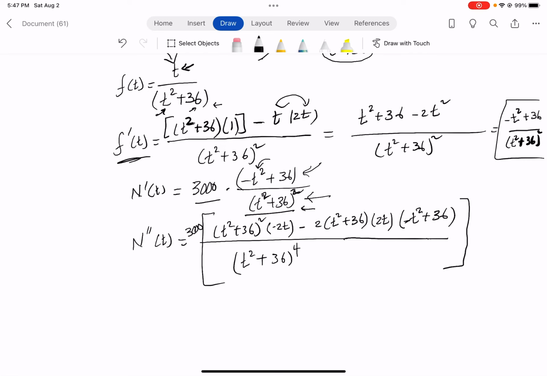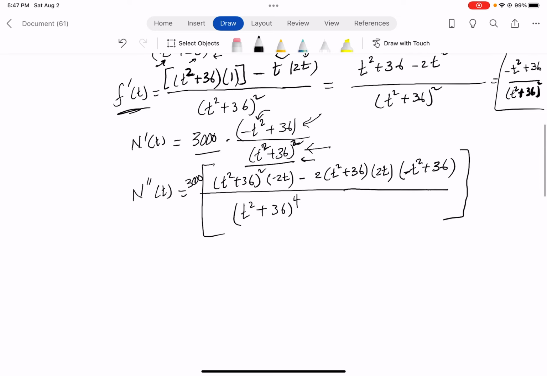Okay, so now we have to factor. Which one should we factor? We should take the t squared plus 36. Take the 3000 first. I'll take t squared plus 36, that's this term.